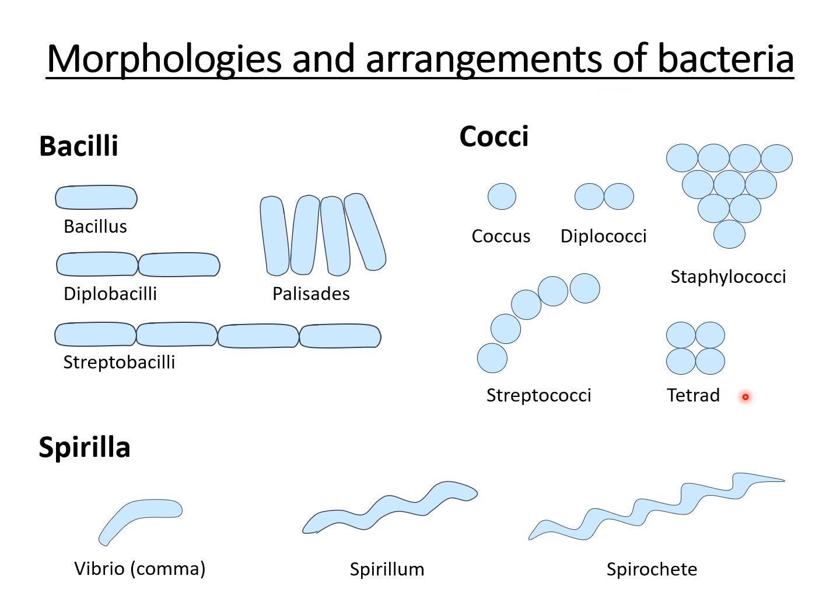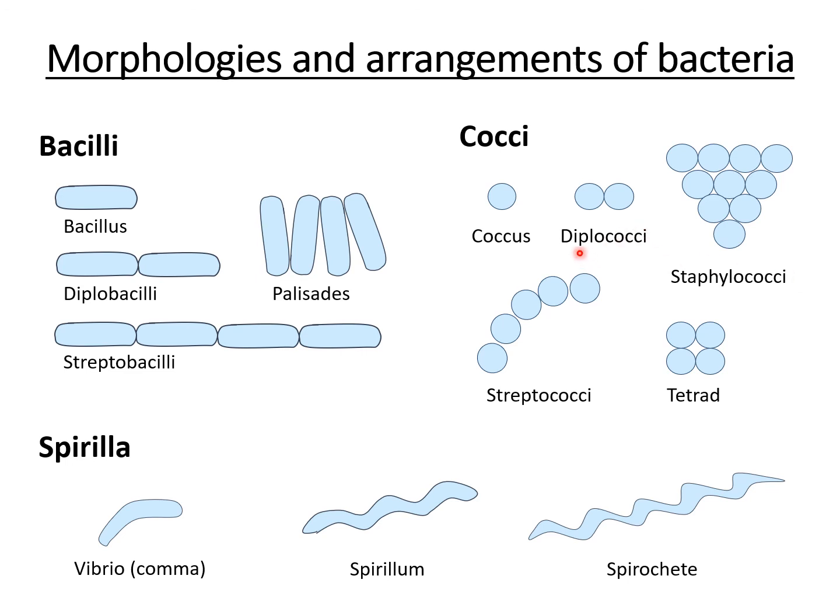That's called tetrad. Now, can you ever have a bacillus that is arranged in tetrads? No. Tetrads are only if your bacteria are coccus in shape. Strepto, yes, you can have streptococci and you can have streptobacilli. Staphylo is always cocci. You don't see staphylobacilli. That's not found.